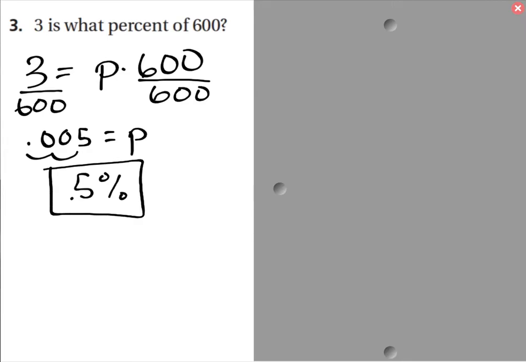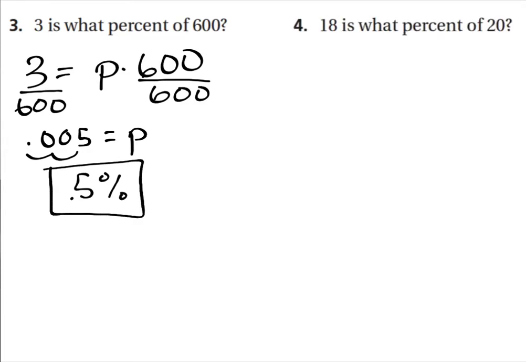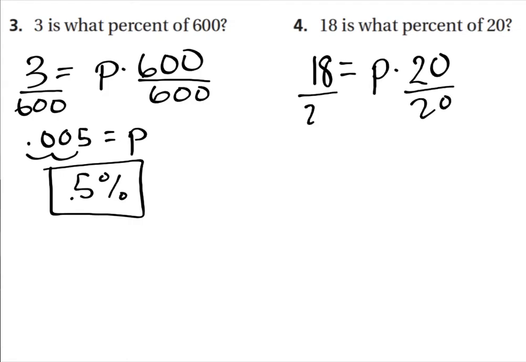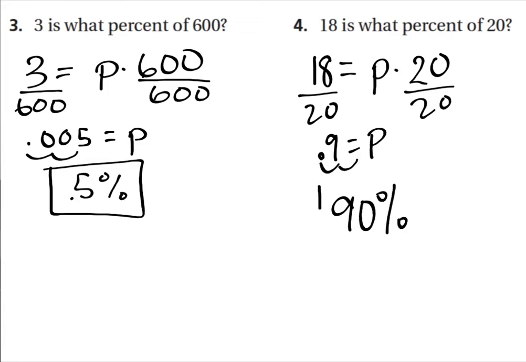So 3 is 1/2 of a percent of 600. 18 is what percent of 20? Divide both sides by 20, and we get 0.9 equals P. Remember to move the decimal twice. You get 90%. 18 is 90% of 20.